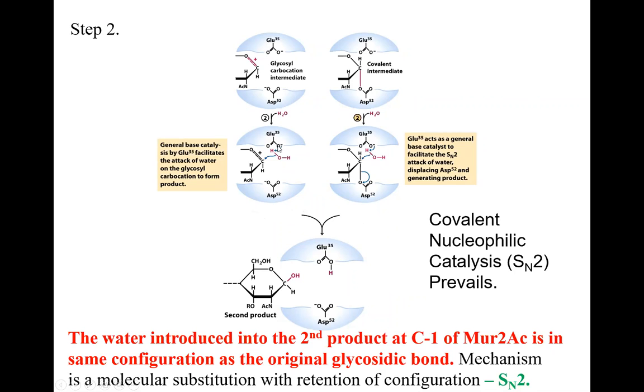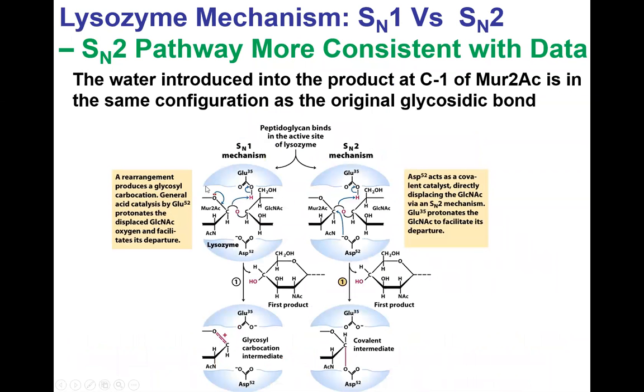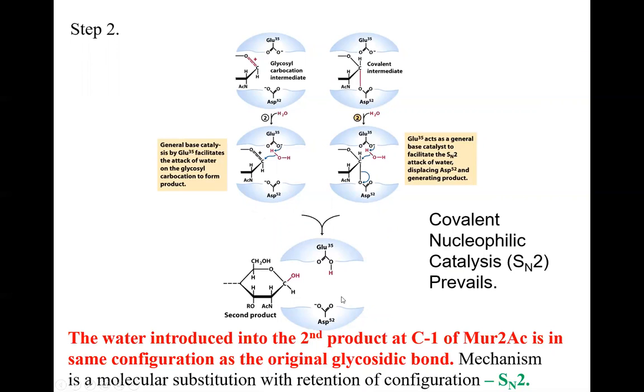That glutamate 35 will then activate that water molecule, will pick up that proton, and that hydroxide ion will attack that carbon from the top phase. And so you form the second product, an enzyme has been released. So you started with the top phase, right? And you actually ended up with the top phase.